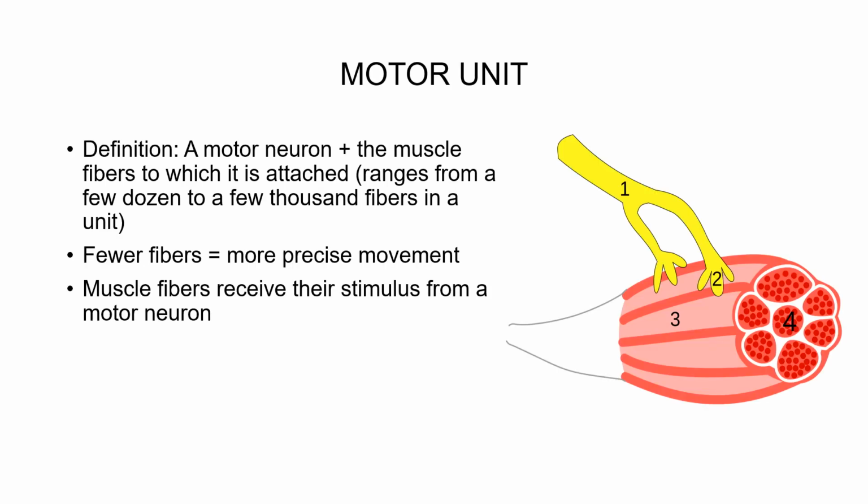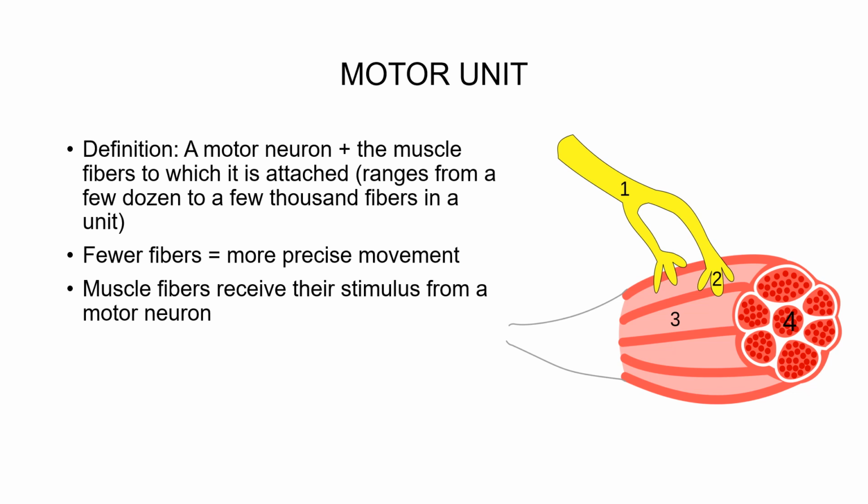Let's first introduce what a motor unit is, and you've actually somewhat been exposed to this already with the neuromuscular junction example. A motor unit, as you can see, is simply a motor neuron, and a motor neuron is just a neuron that talks to a muscle, so it causes a motor movement, it causes movement of something. So it's a neuron that talks to muscle cells or muscle fibers.